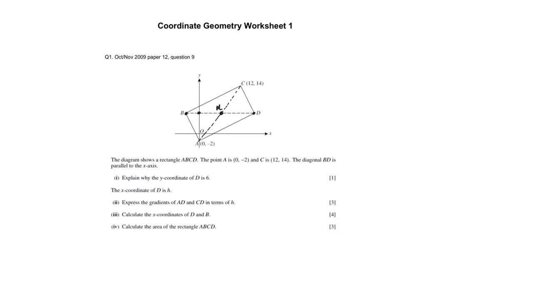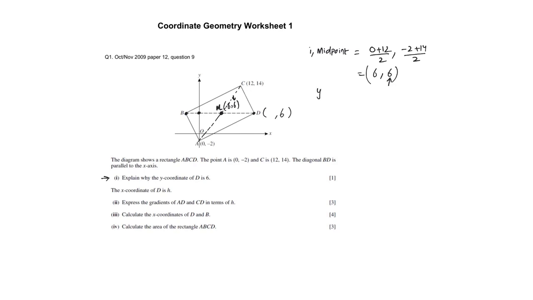Okay, so if you can work out the coordinates of the midpoint, they would be (0 plus 12)/2, (-2 plus 14)/2, which is 6, 6. So do you see the y coordinate of M is 6? If the y coordinate of M is 6, then the y coordinate of D is also 6.